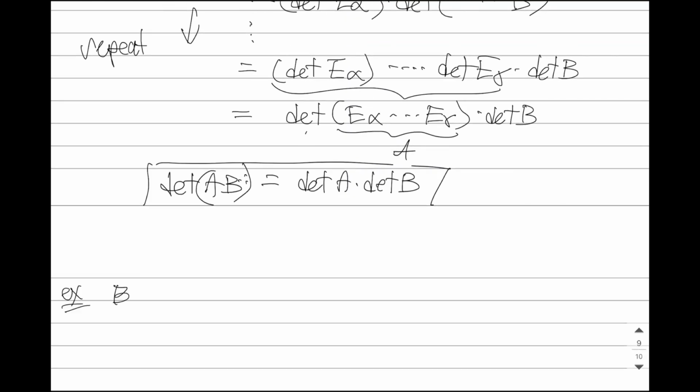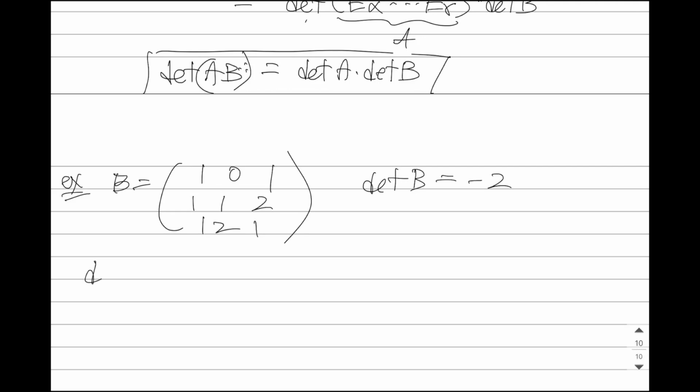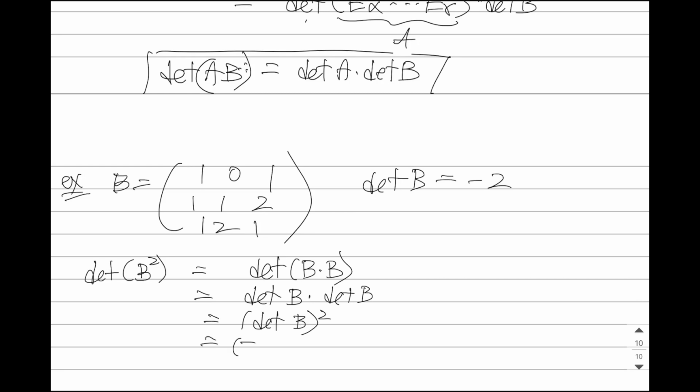So if I give you a matrix B with rows 1, 0, 1; 1, 1, 2; 1, 2, 1, the determinant here is going to end up giving you -2. So if I asked you for the determinant of B squared, it would be the determinant of B times B. That would be the product of the individual determinants, so it would be the determinant to the power 2, which would end up giving me a 4.